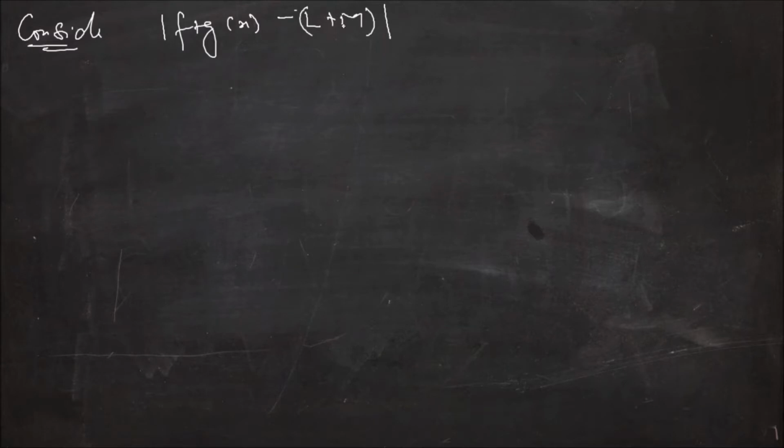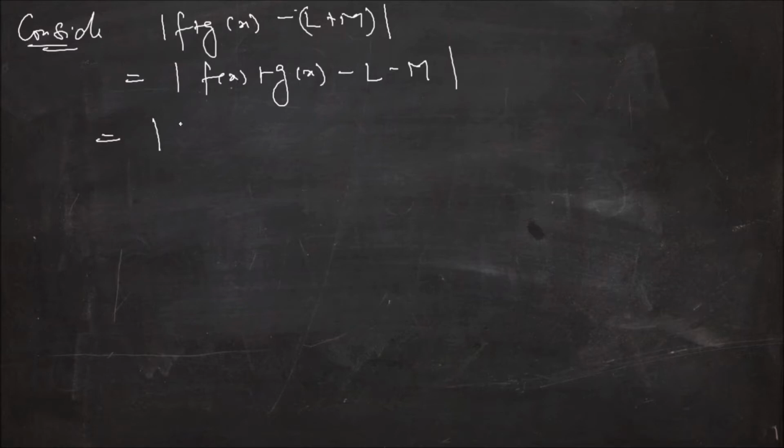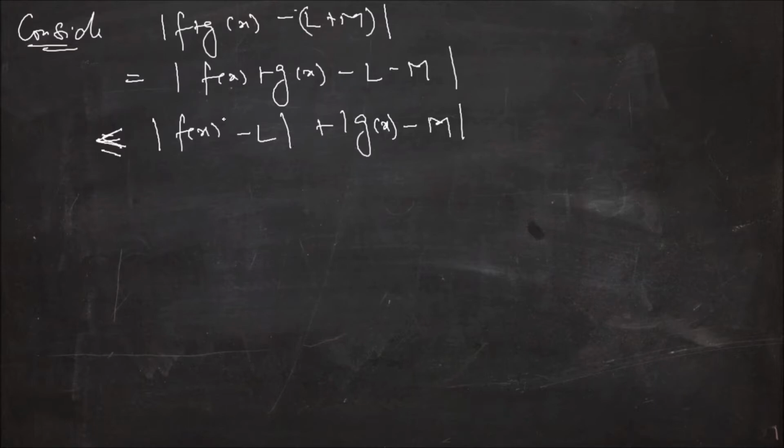Now this is pointwise addition, so this is f(x) plus g(x) minus L minus M, and this I can write, using the triangle inequality, as less than or equal to mod f(x) minus L plus mod g(x) minus M. So now I want this to be less than epsilon, so I will show that this is less than epsilon by 2 and this is less than epsilon by 2. So for this you make it as double star.